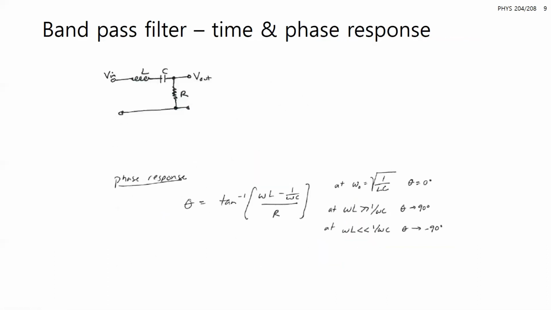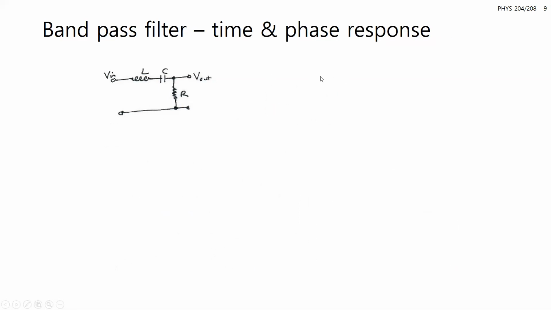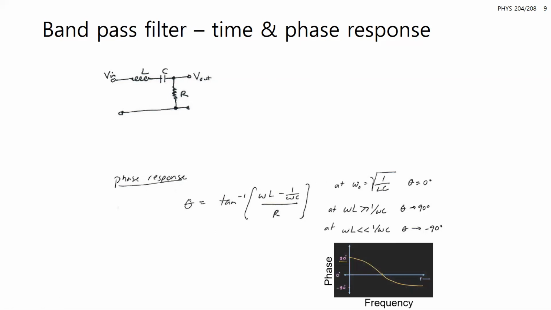And then for the phase response, we just wrote this equation out showing that near your center band, where your signal is passing through the most, you're going to have the minimal change in the phase. So theta equals 0 at that center frequency, omega naught, and then you'll have positive or negative changes above and below that frequency, where the center inflection point is going to be omega naught.